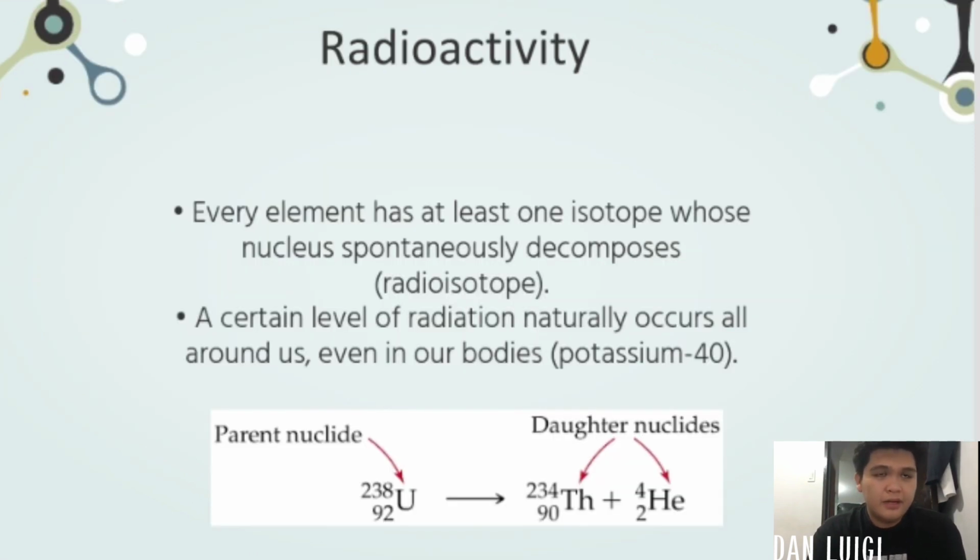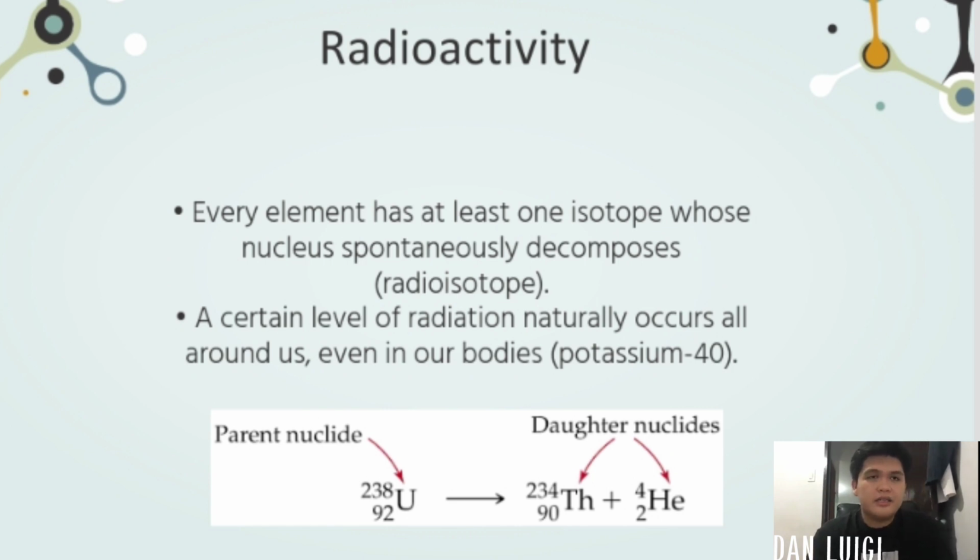Now, radioactivity. Every element has at least one isotope whose nucleus spontaneously decomposes, which we call a radioisotope. A certain level of radiation naturally occurs all around us, even in our bodies, like potassium.